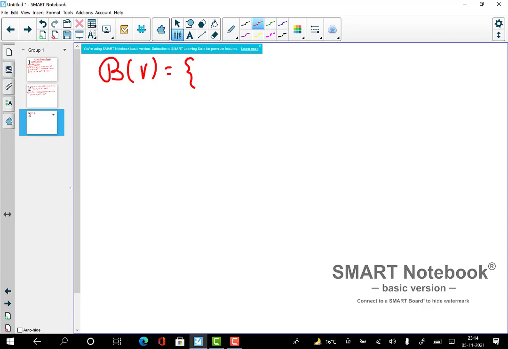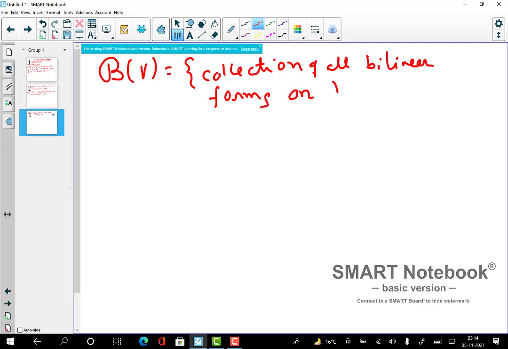This collection of all bilinear forms on V we denote by B(V).